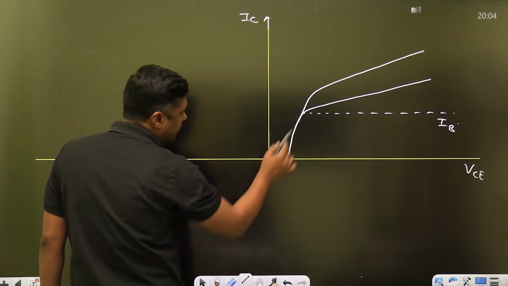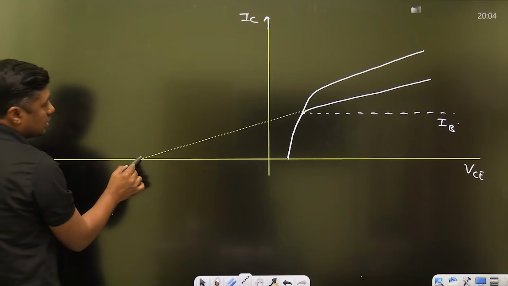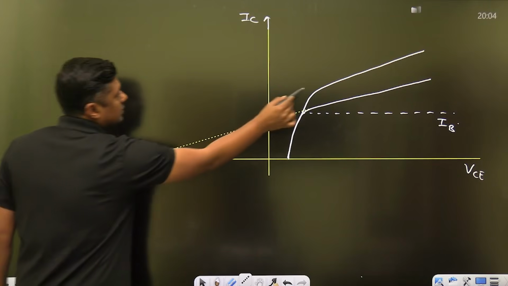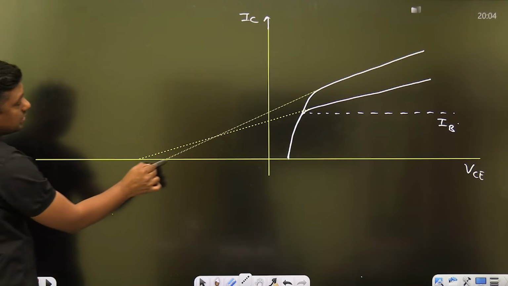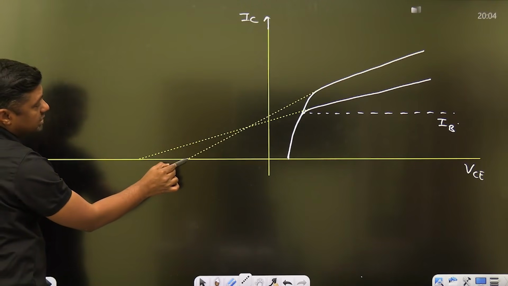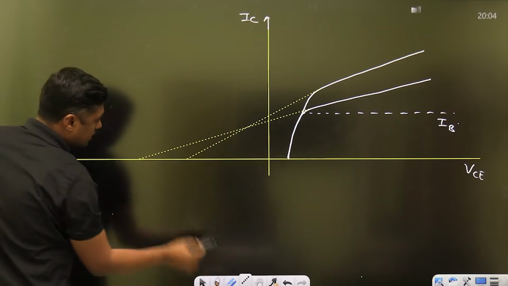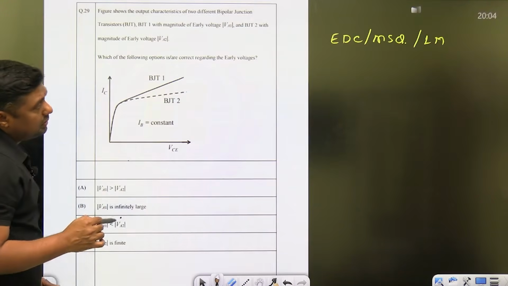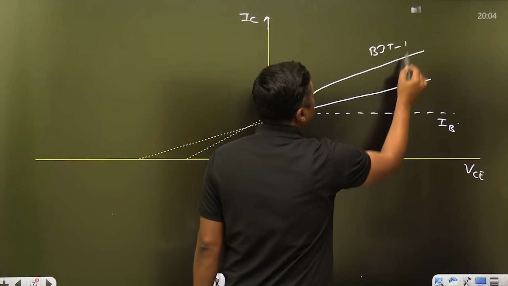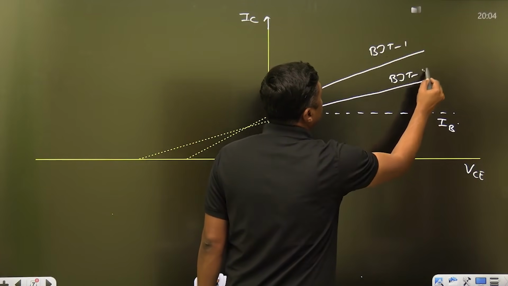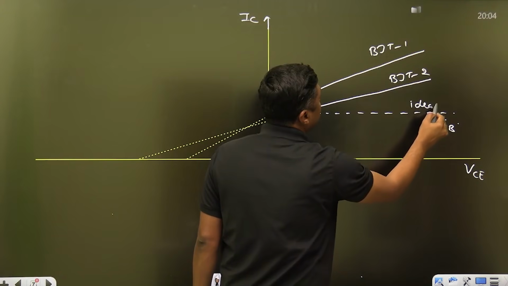Now you can extend it. The more the elevation, the more the effect. Let, for example, this be BJT1 and this be BJT2, and this is the ideal condition when there is no early effect.